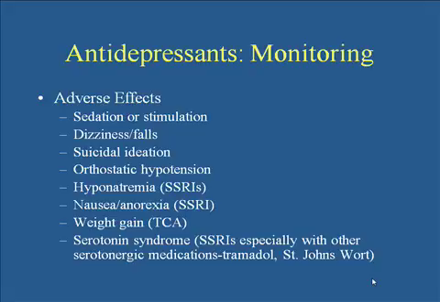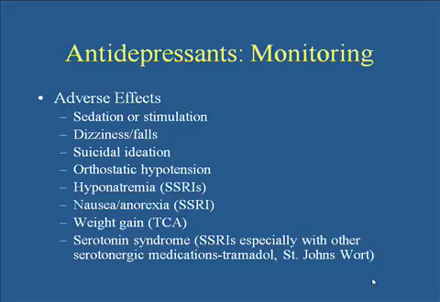Those tend to have fewer side effects in the older adult and are generally preferred. However, they can have some issues too, as mentioned on this slide with hyponatremia. And then certainly we have newer agents, the SNRIs, the serotonin norepinephrine reuptake inhibitors. And they all have their own slightly different side effect profile.